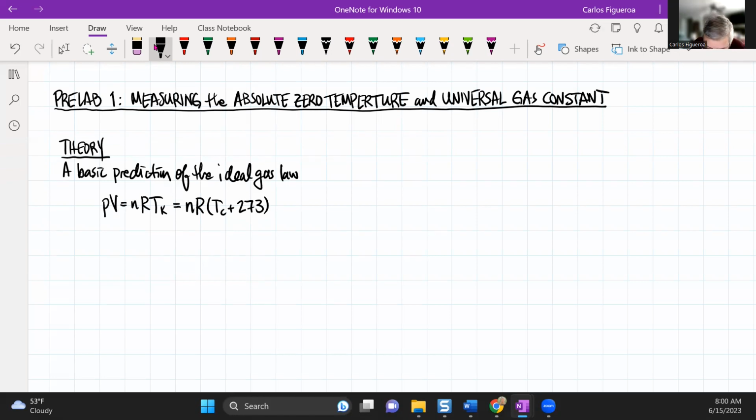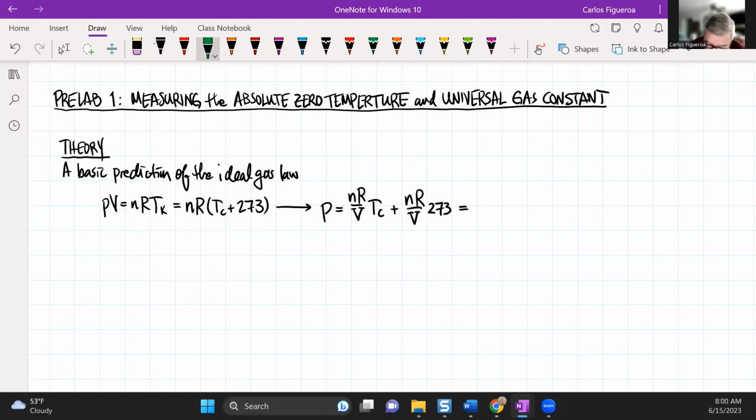Now, if I rearrange this so it reads, the pressure is going to be NR divided by V times the temperature, plus a combination of NR divided by V times 273. This is what we're after here.